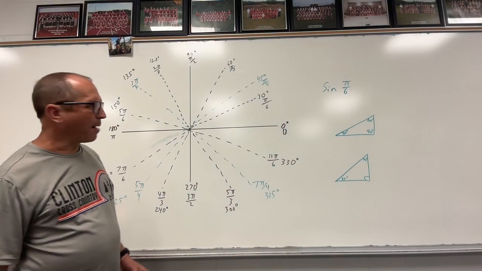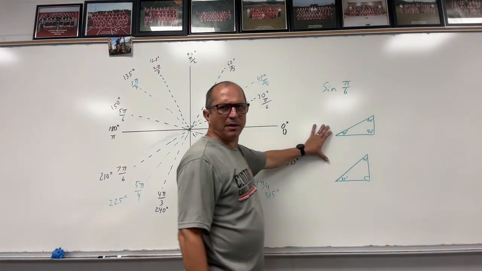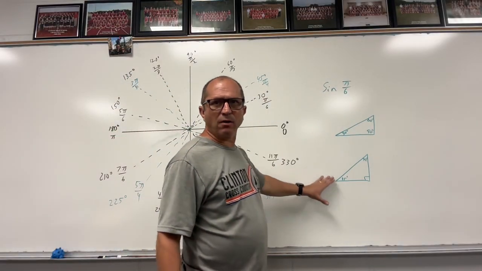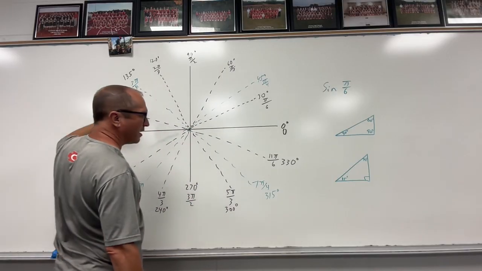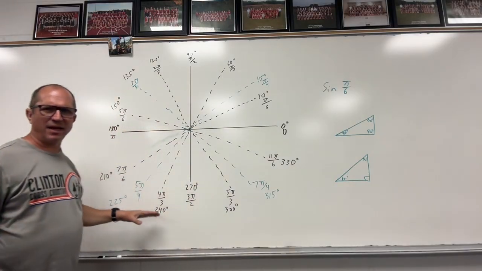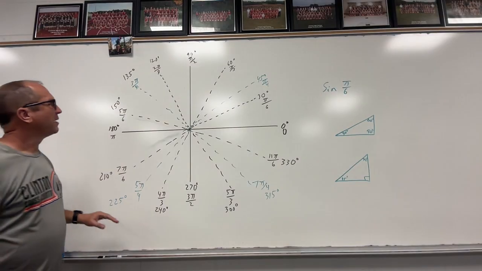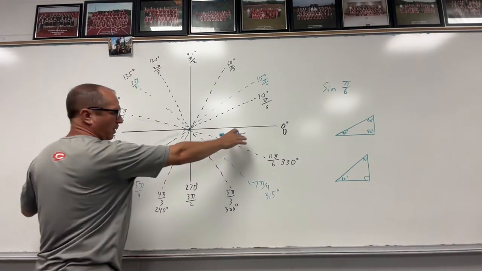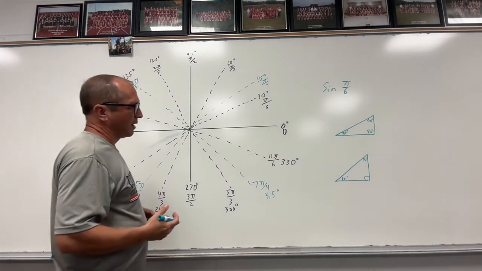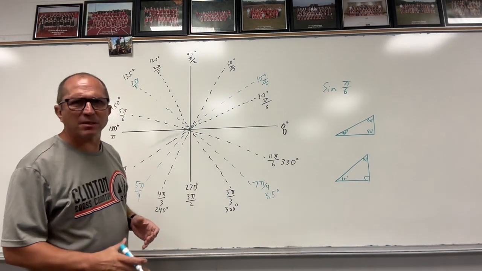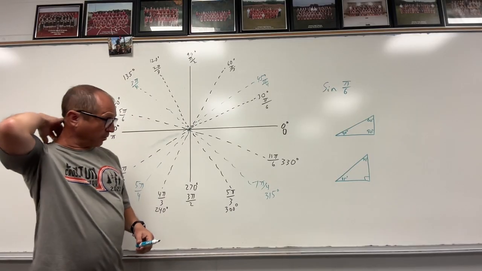Now, instead of the unit circle, I'm going to use these 2 triangles to calculate every trig value in this circle with the exception of my quadrantal angles. So let's look at these 2 triangles here. Now, again, the setup is important. The setup is crucial to this.